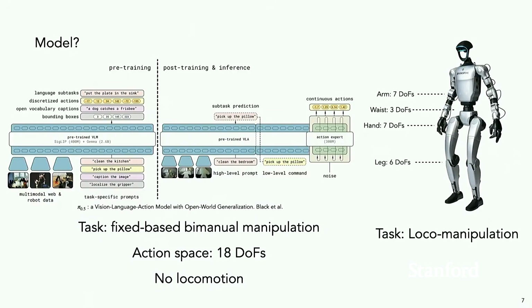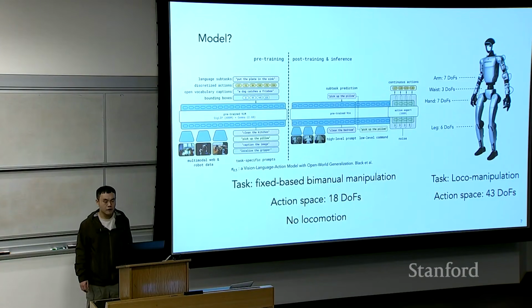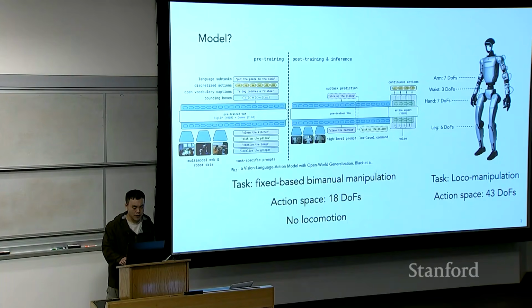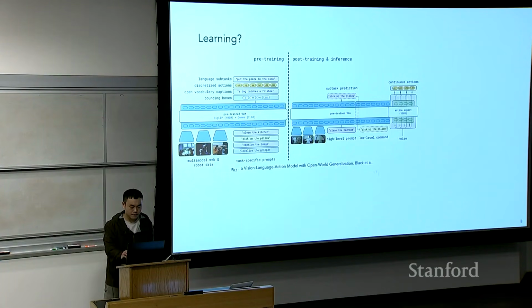We are trying to solve a loco-manipulation task, and the total action space is about 43 DOFs for this Unitree G1 robot. In that case, the current VLA models cannot really be deployed on this humanoid robot off the shelf.